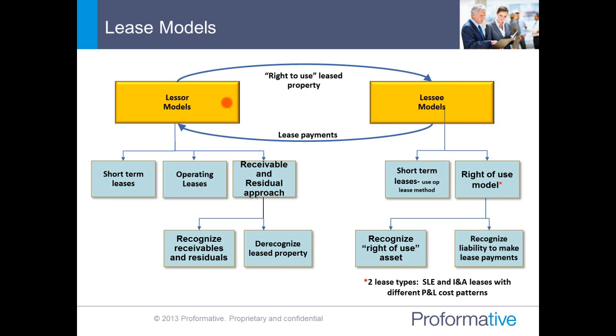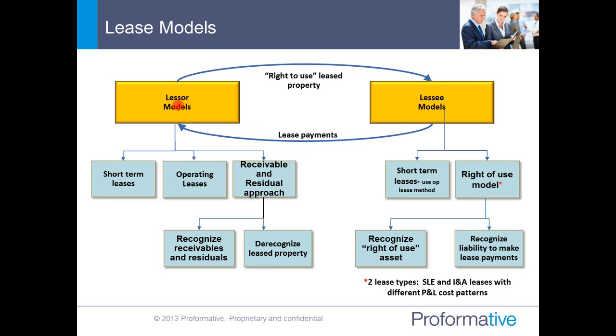And so a lease contract conveys the rights of use from the lessor to the lessee, and the rights to use an asset are considered an asset of the lessee. And the lessee is obligated to make lease payments, which will be an obligation that they'll account for. And the lessor will have, in most cases, a lease receivable.